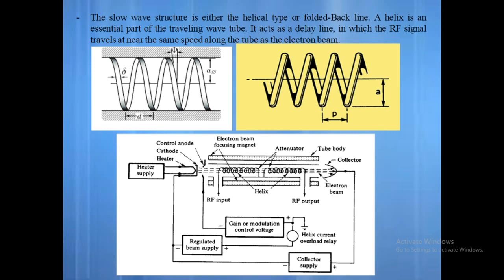Both the RF signal and the electron beam will travel at the same speed. Here there are two parameters which must be identified in the helix. The first one is P, which is the helix pitch, and the other is the circumference of the helix. So this is the detailed diagram of the traveling wave tube.